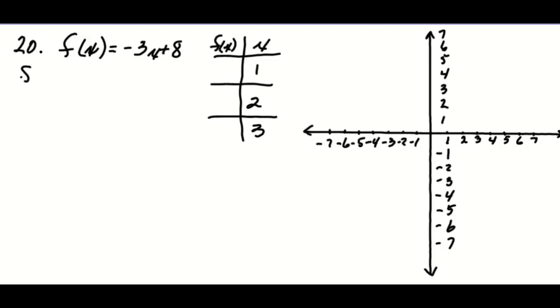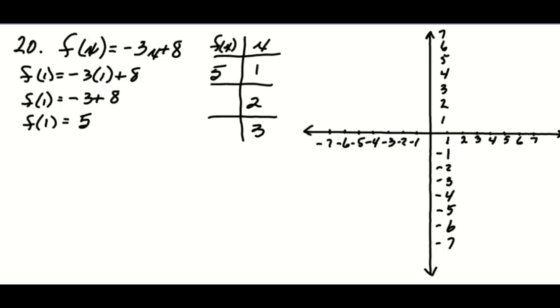So if we take a function of 1, that's equal to negative 3 times 1 plus 8. Function of 1 then turns out to be negative 3 plus 8, and that function of 1 turns out to be 5.